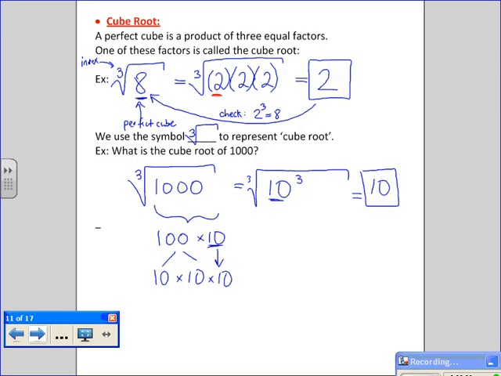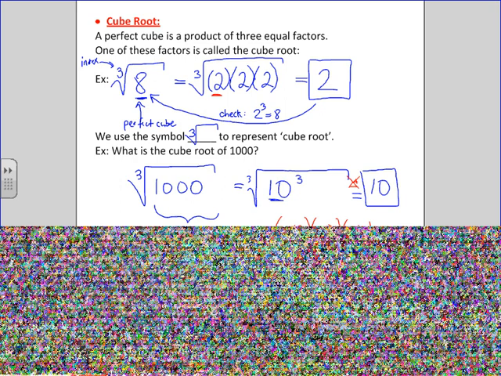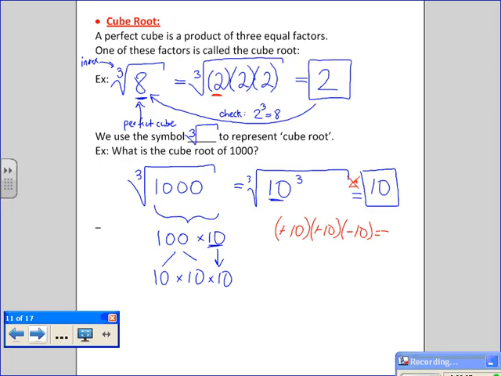With a cube root, we don't have the option of saying plus or minus. Negative 10 could not be my answer, because negative 10 times negative 10 times negative 10, two of those negatives will cancel each other out, but I'll still be left with one negative sign out front, and that would be negative 1,000.